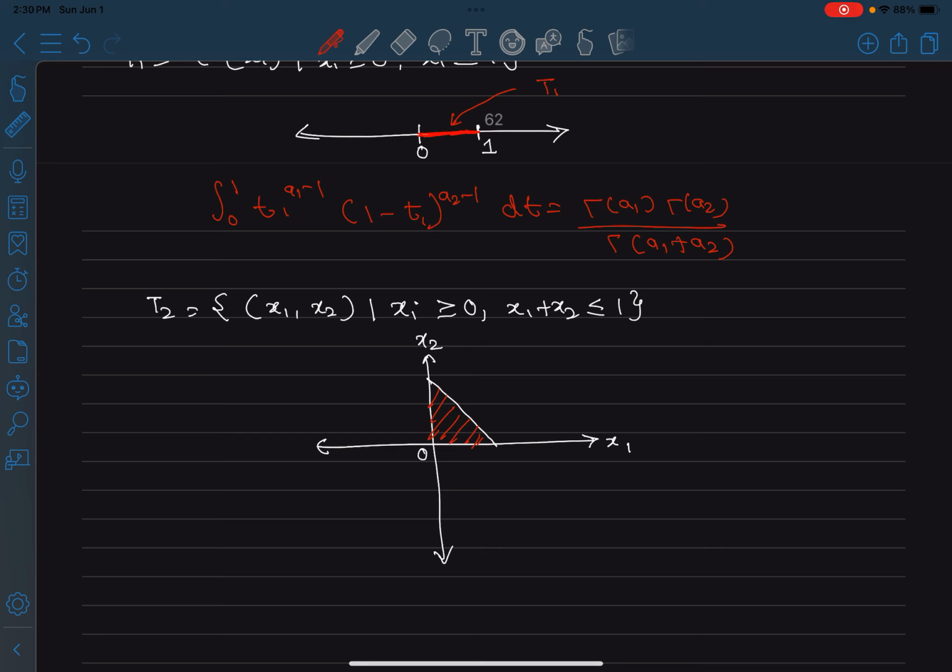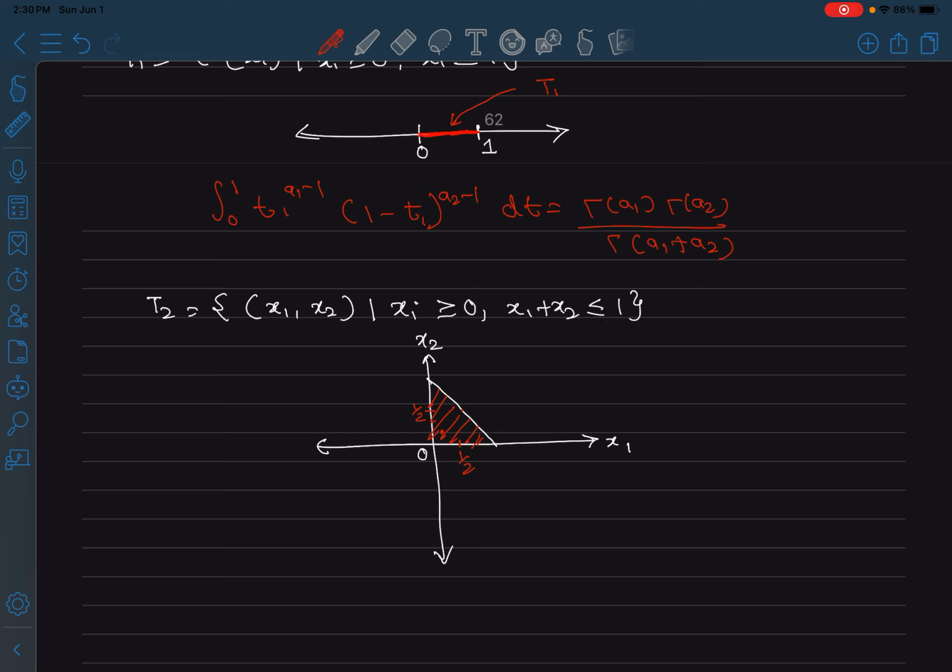right? You can just take a point. Let's say if you take 0.1 comma 0.1, the sum will be 0.2, which is less than or equal to 1. If you take the point half comma half, the sum will be 1, and that's included there too.